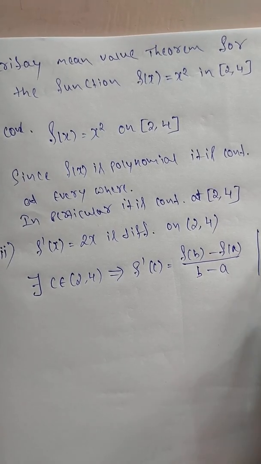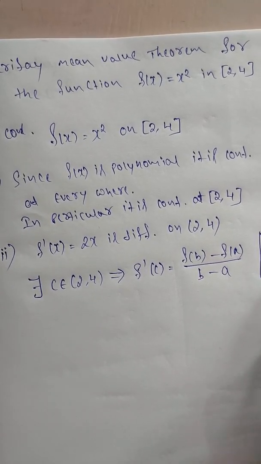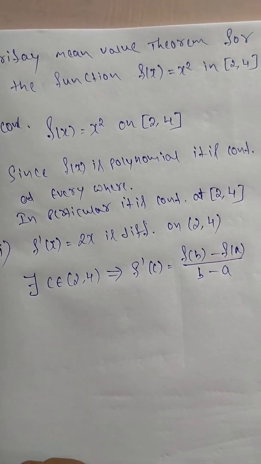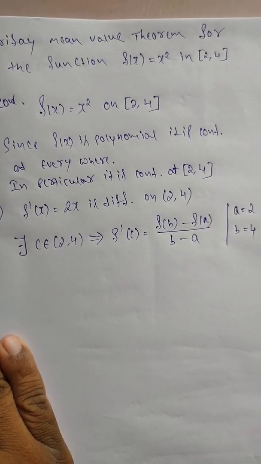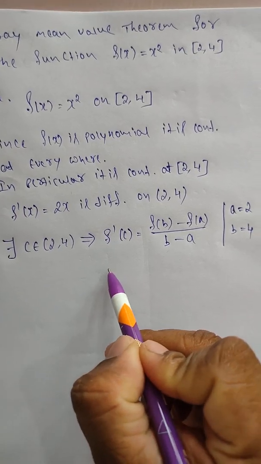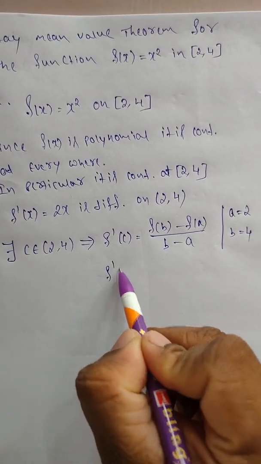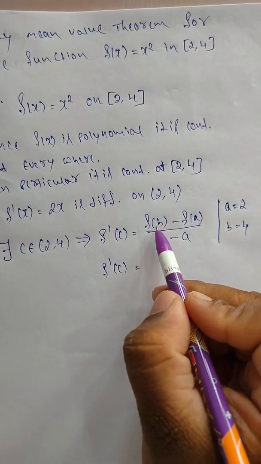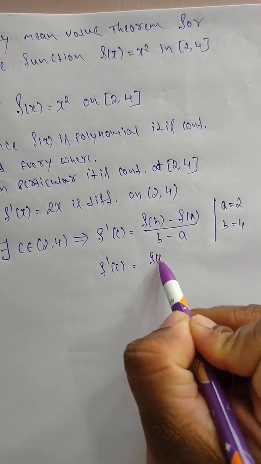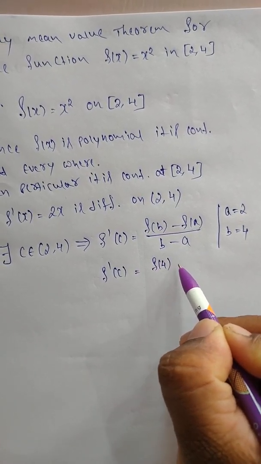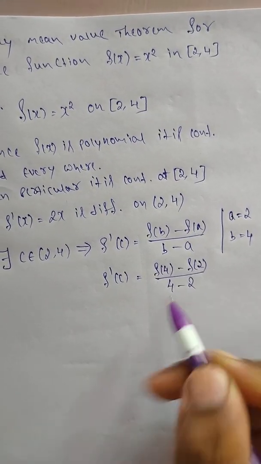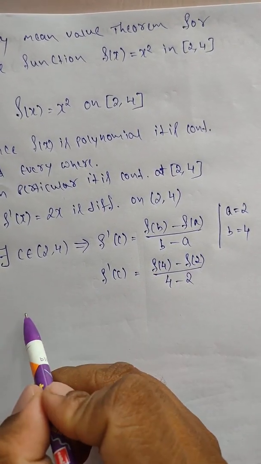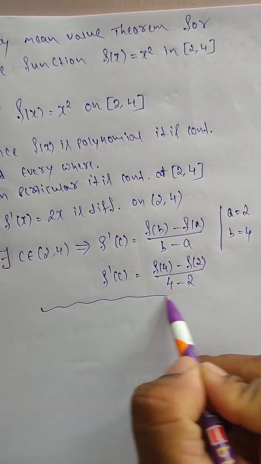Here a is 2, b is 4. Now I am substituting: f dash of c is equal to f of 4 minus f of 2 by 4 minus 2.